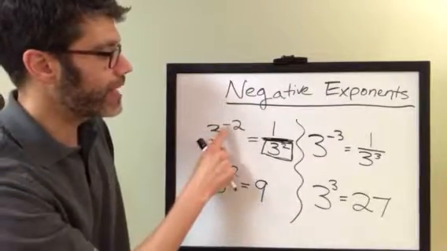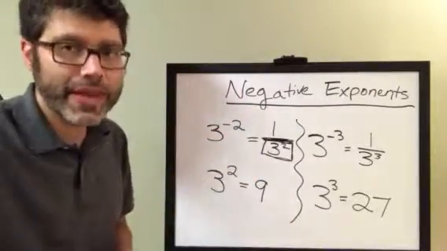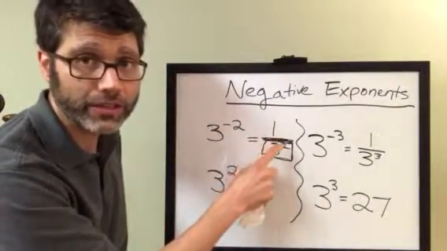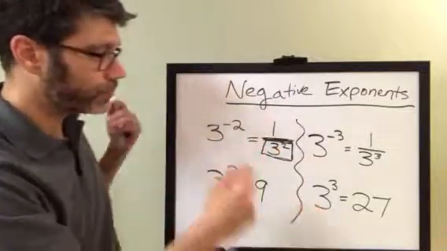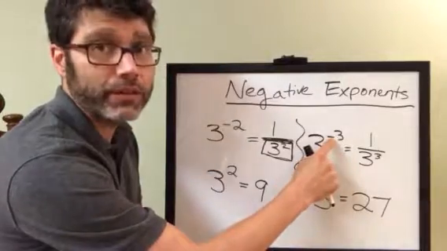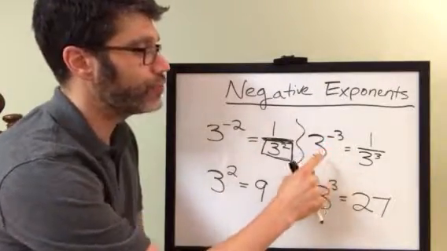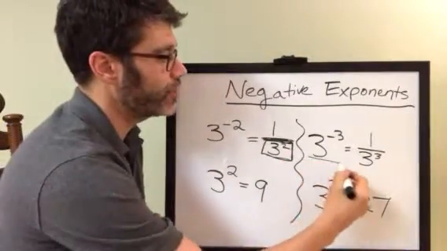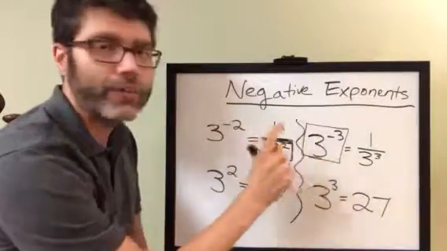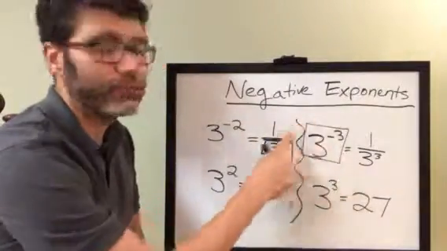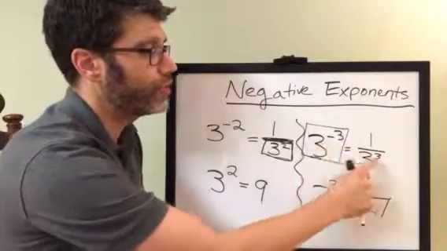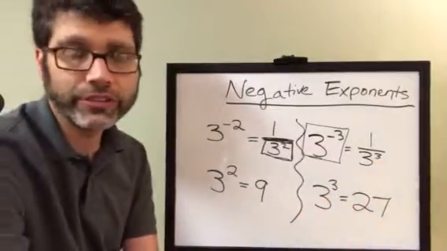So 3 to the negative 2 is the exact same thing as saying 1 over 9 or 1 over 3 to the positive 2. So here's the quick rule. If you want to take a base that has a negative exponent, and you want to rewrite this expression in a way that has a positive exponent, the way that we can do that is turn this into a fraction where we change the negative exponent into its positive alternative, all right?